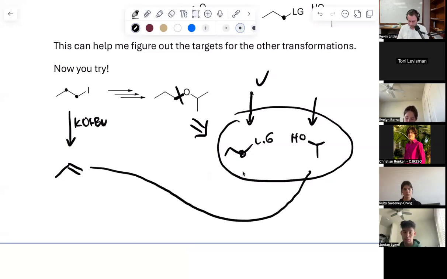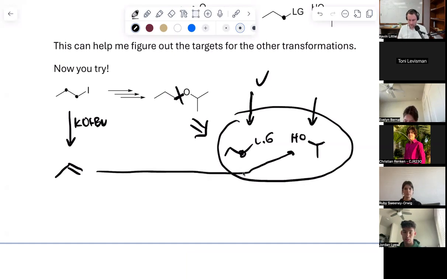Then do I know a reaction to get there? The mercury one, the Markovnikov addition.